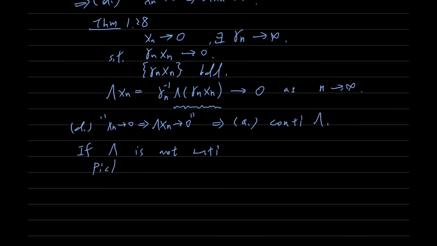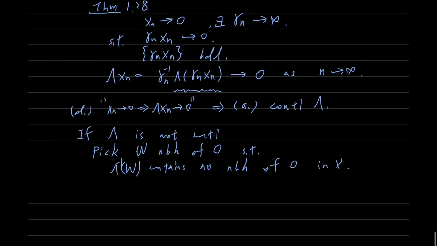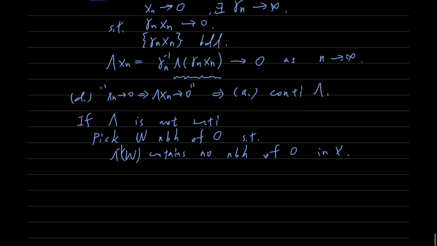and again we pick a neighborhood W, a neighborhood of 0, such that the inverse image of W contains no neighborhood of 0 in X. Now, from this, we also use the fact that X has a countable base, as it is metrizable.